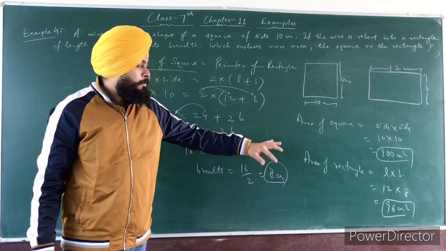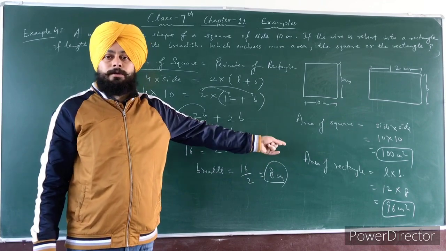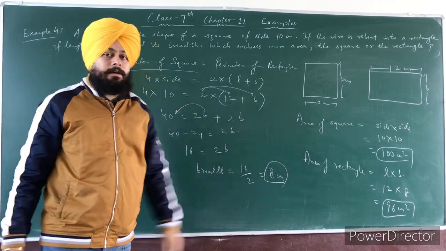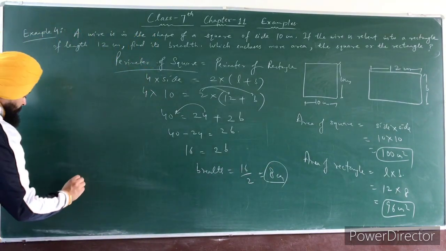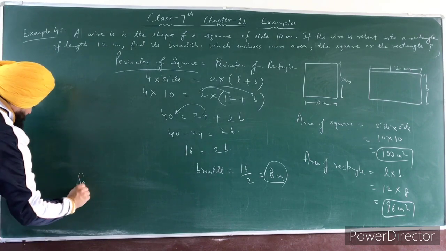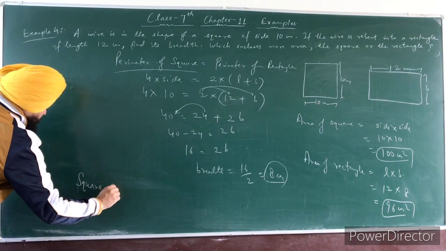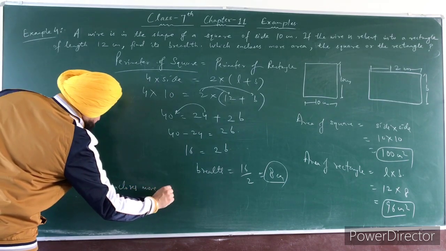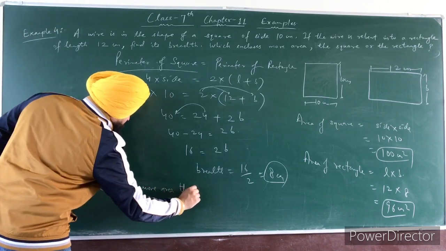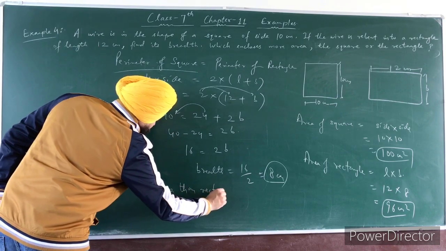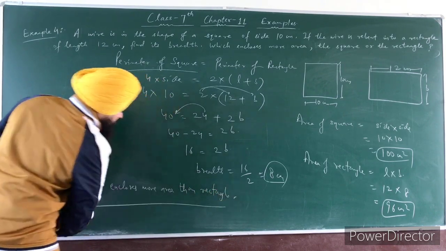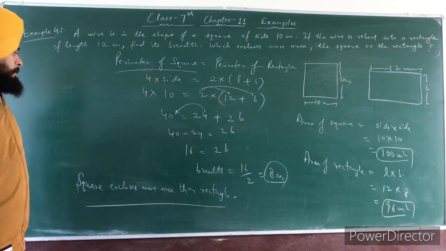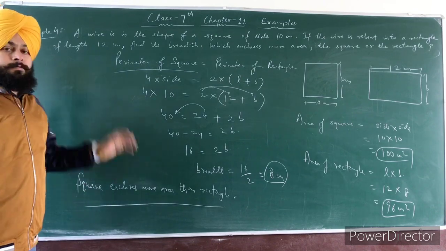So which encloses more area? Square encloses more area than rectangle. Clear friends? So this is your example number 4.